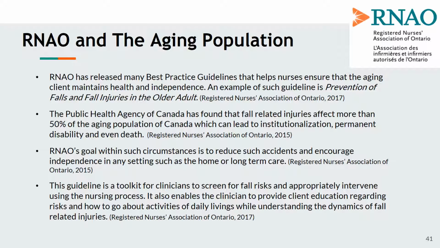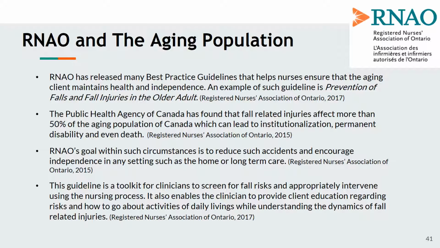One example of such a guideline is prevention of falls and fall injuries in the older adult. The Public Health Agency of Canada has found that fall-related injuries affect more than 50% of the aging population of Canada, which can lead to institutionalization, permanent disability, and even death. RNAO's goal within such circumstances is to reduce such accidents and encourage independence in any setting, such as the home or long-term care.